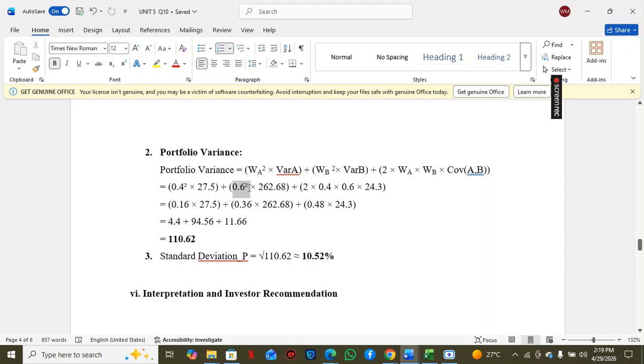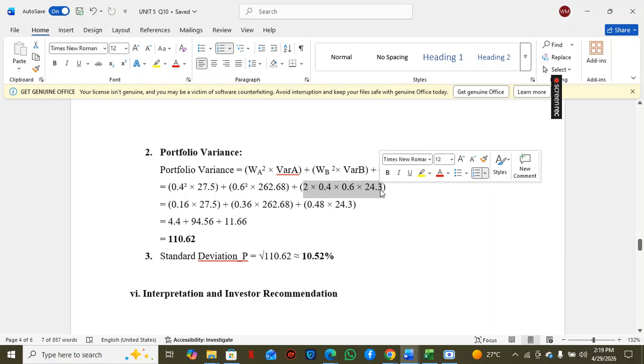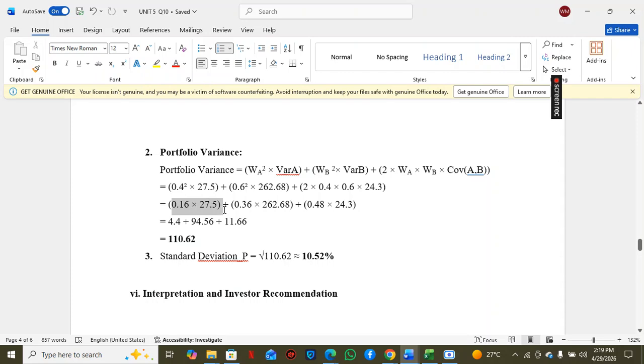Weightage of B is 0.6 squared multiplied by 262.68 plus 2 times the weightage of A, 0.4, times the weightage of B, 0.6, times the covariance, 24.3. And then you multiply 0.16 times 27.5 plus 0.36 times 262.68 plus 0.48 times 24.3. You're going to get this value here, 110.62.